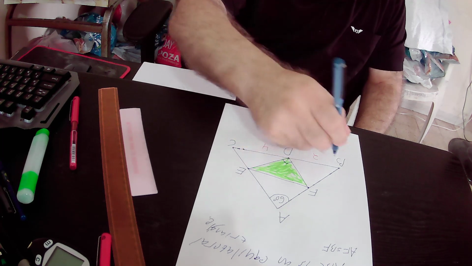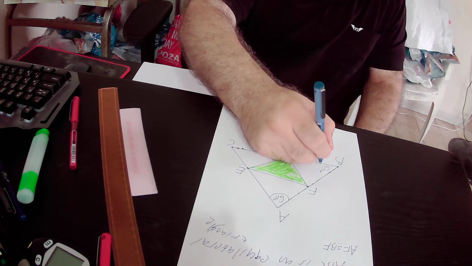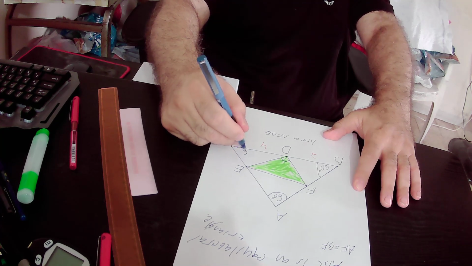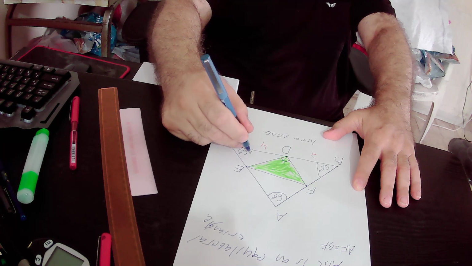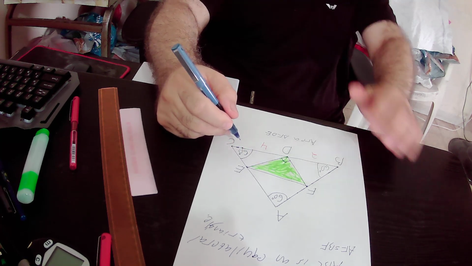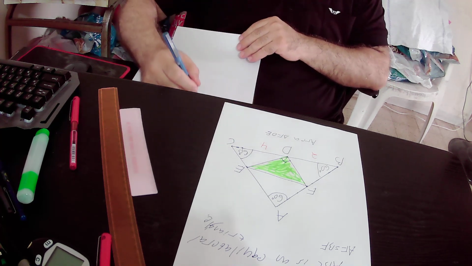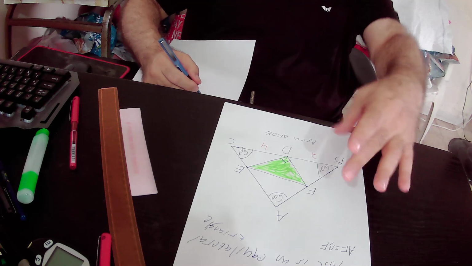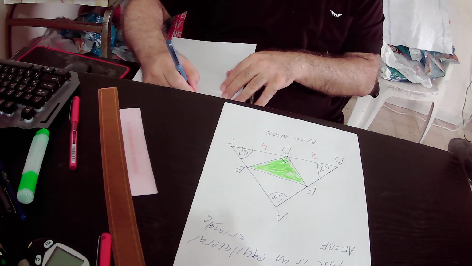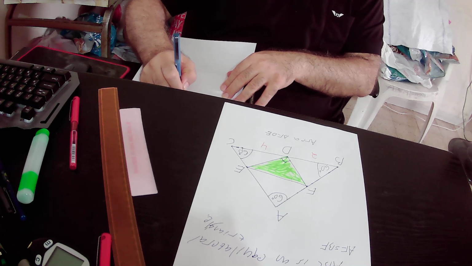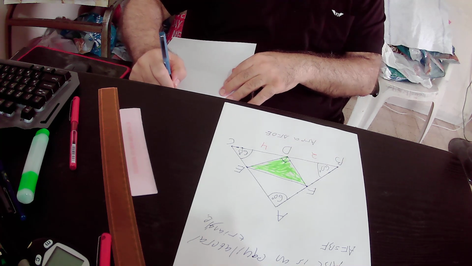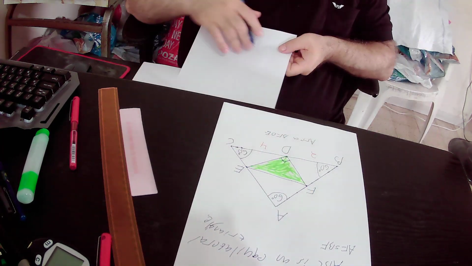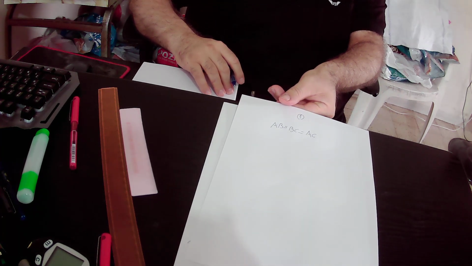Also angle CBA is 60 degrees, and angle BCA equals 60 degrees, and all the sides of an equilateral triangle are equal to each other. That is to say, AB equals BC equals AC.